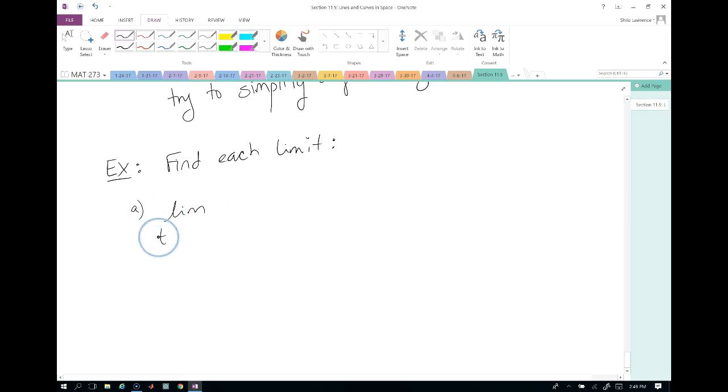We want to find the limit as t approaches 4 for r of t, if r of t is t squared minus 2, 2t plus 1, and e to the t minus 4. So we're going to individually see if we can just plug 4 in for the t's and get an answer.